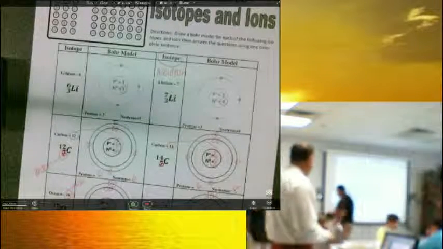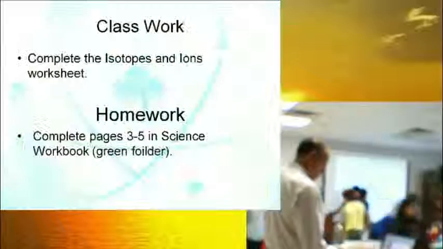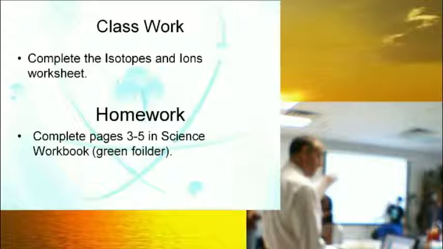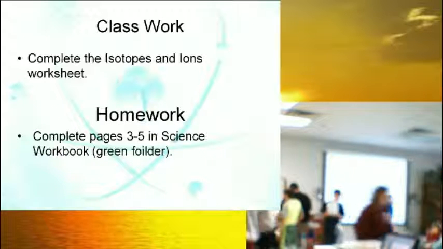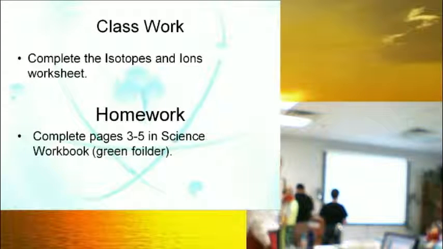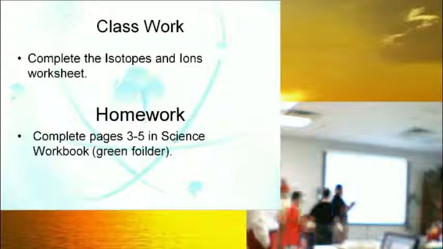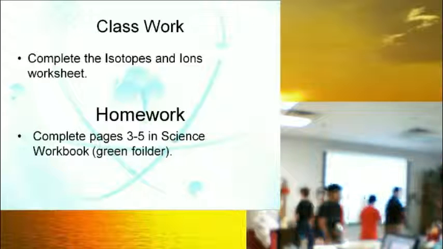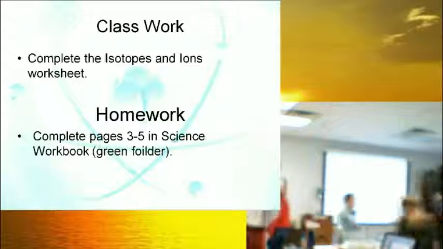Also, you need your green folder for homework. The green workbook. So everybody grab your green folder, please. We'll do pages 3 through 5 in the science workbook, green folder.